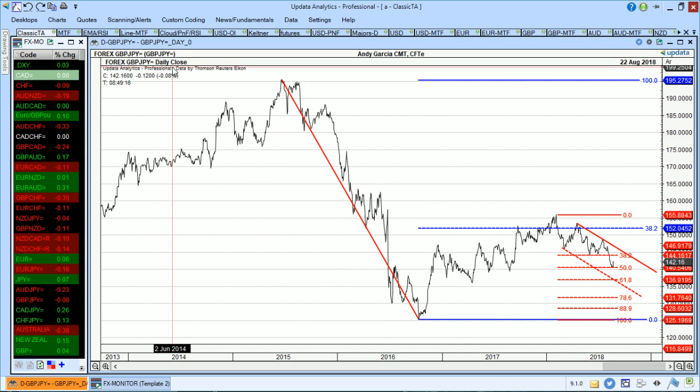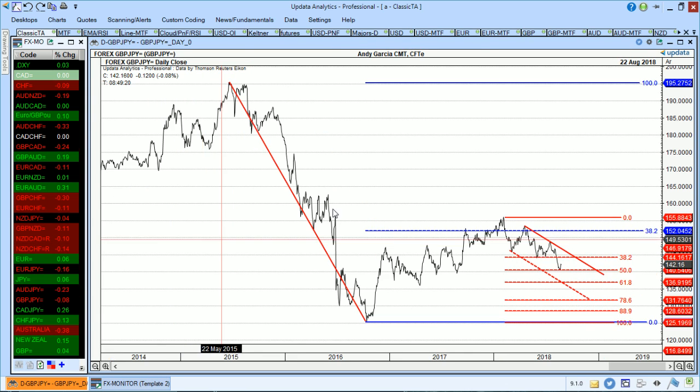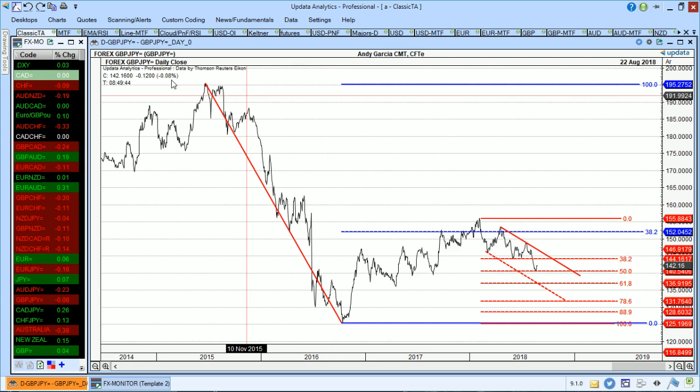This is your daily chart, and it's a line on close chart. It helps to remove all the indicators and everything out there, so that way you can get a very clear focus on what price is doing, and sticking to the classic approach to reading the markets.